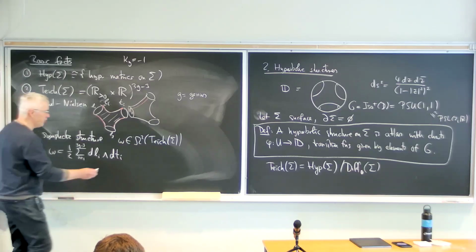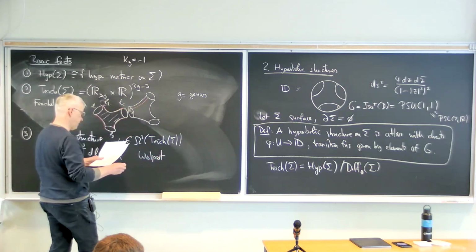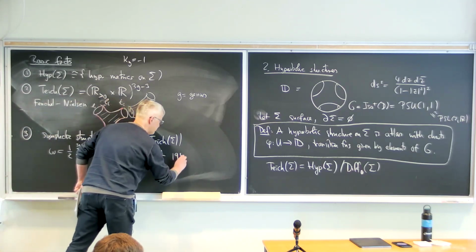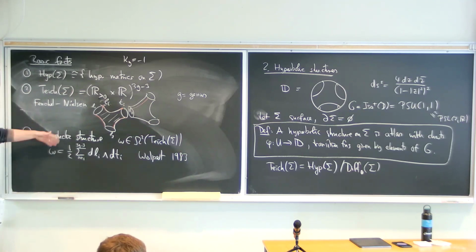So this was proved by Wolpert in 1983, yeah. So quite late in the game. So the structure was known in the 60s, but then took this long to see that it's simply that in Fenchel-Nielsen coordinates.